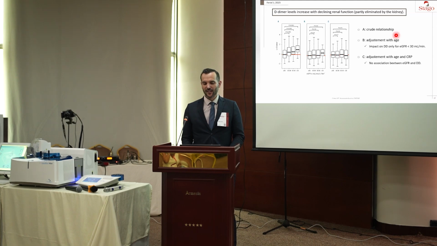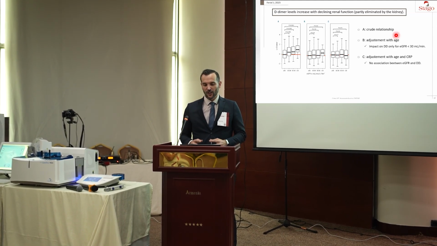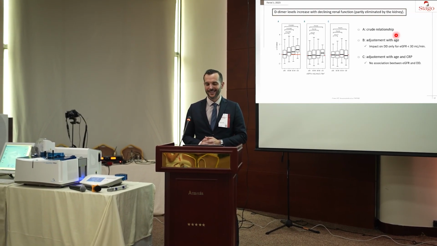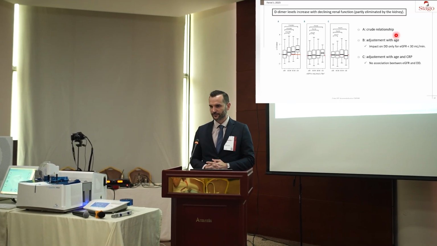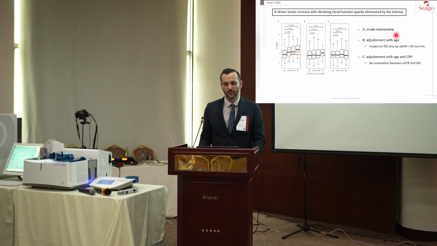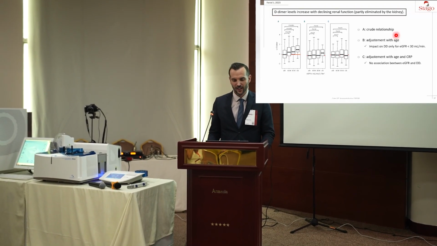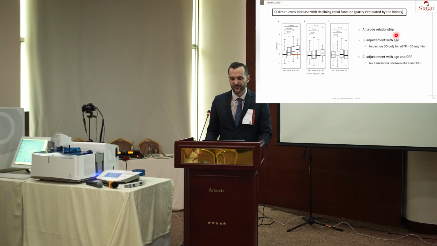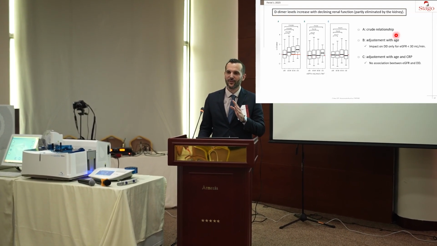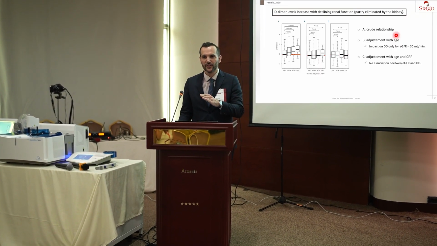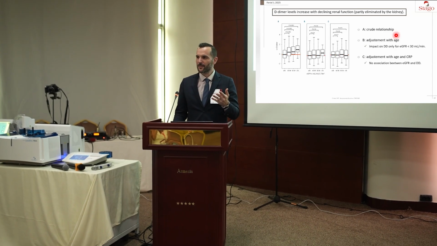The problem is that part of the D-dimers is eliminated by the kidney. So logically, D-dimer levels increase with declining renal function. For these patients, there is no official recommendation, but there are several publications. Some publications suggest using a D-dimer cutoff that is adjusted with the level of renal impairment.